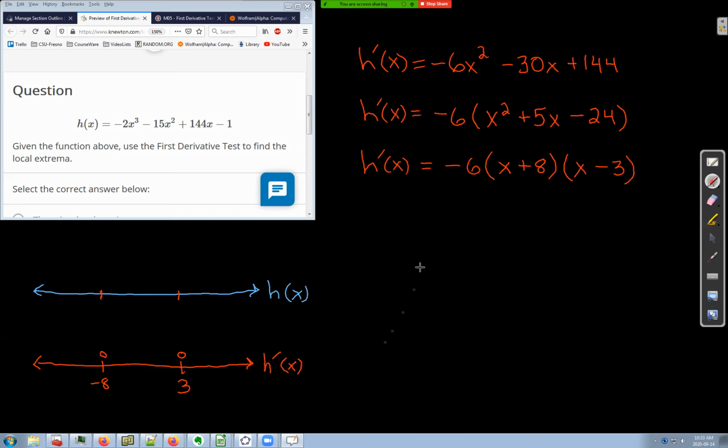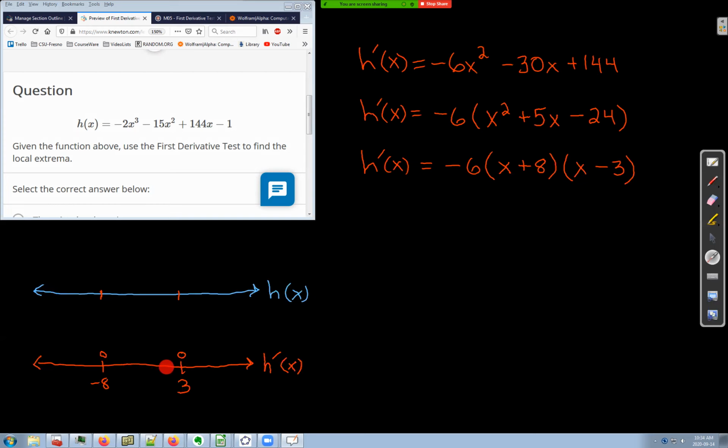Okay, so the moral is that these two places are the places where the derivative is 0. And those are the only places where the derivative is 0. And so that means the derivative is always positive or always negative on this region.